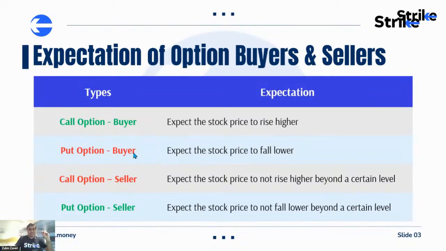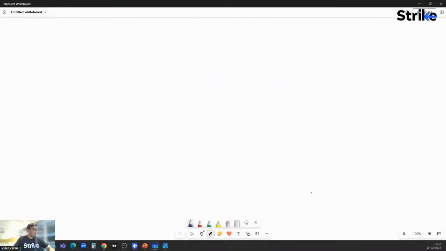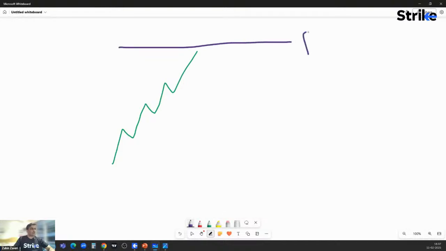All right. Now, when you expect that the stock price will not go above a particular level. Let's suppose this is a stock price. The prices have rallied a lot, and somewhere over here we have a very strong resistance level. So what do we expect at this point of time?